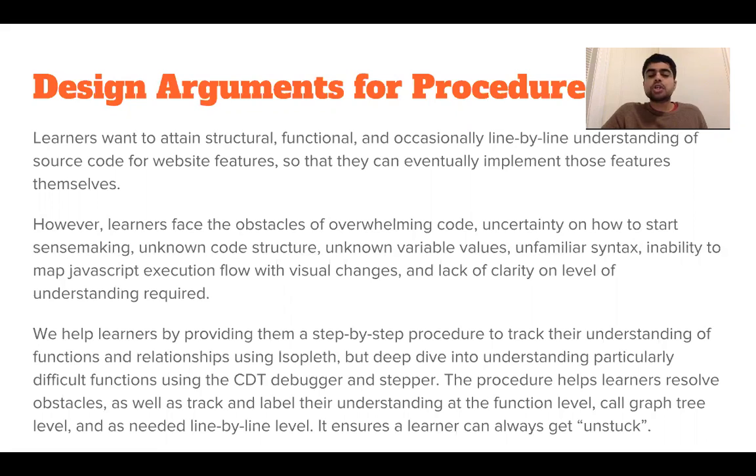And it ensures that a learner can quickly get unstuck. That's really the design argument, that through resolving all of these obstacles and giving a learner an option whenever they face one of these obstacles, we prevent them from getting stuck, or at least provide them a way to get unstuck.